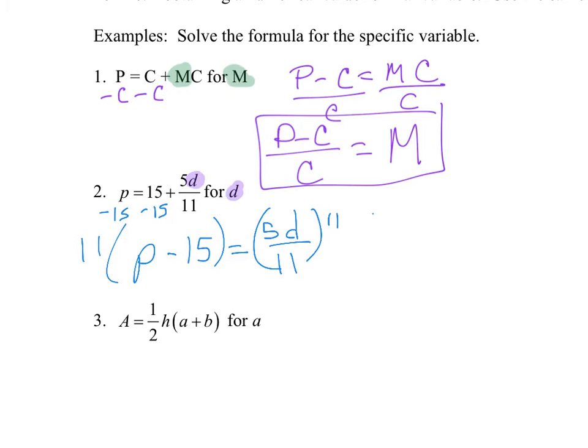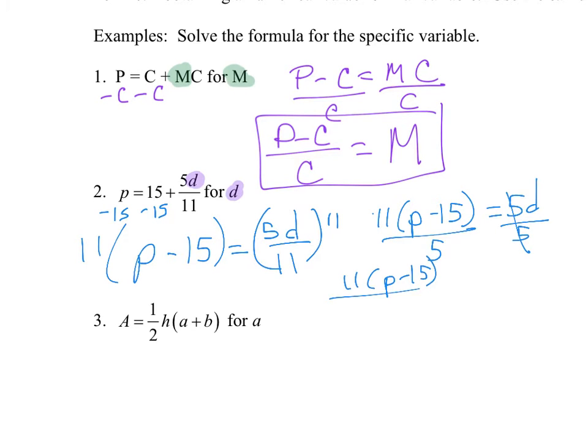Okay, so now I have 11 times p minus 15 is equal to 5d. So now I have to divide by 5. So I end up with 11 times p minus 15 over 5 is equal to little d. And this is fine. There's other ways to simplify this, but I'm okay with stopping right there.